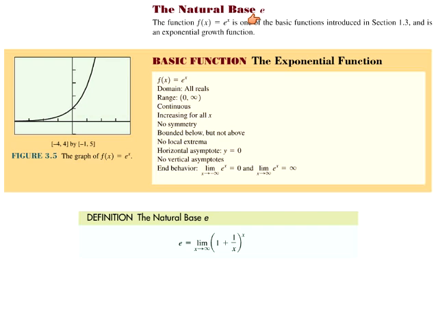Any questions with the natural base e there? Right now it doesn't really play too big of a role other than knowing that it's just another type of exponential function. But as we move forward, we're going to see that natural base e appear a lot, especially with our logarithmic stuff.